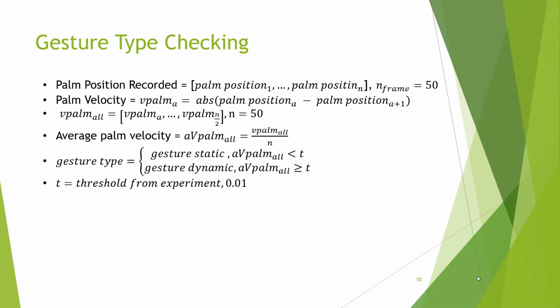By this equation we got 0.01 as the threshold for this experiment. If the hand velocity is higher than the threshold we mark it as dynamic, and otherwise, if the average velocity is below the threshold, we mark it as a static gesture.